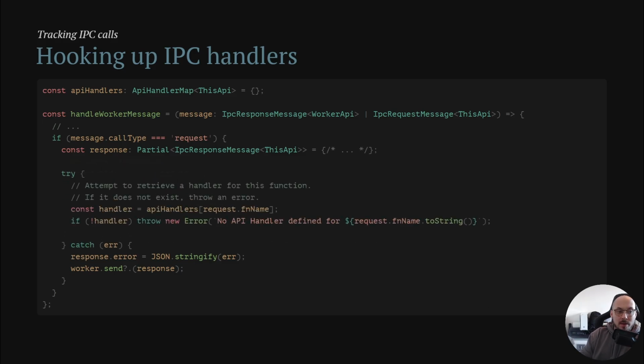In our actual block, we're going to try to get the handler for the function. So we're going to check the API handlers. We're going to pass the function name in. If there is no handler, we're going to throw an error so that we know that there's no API handler.